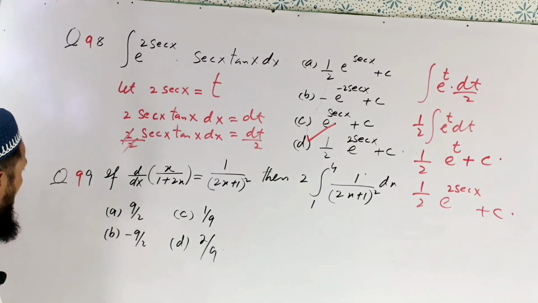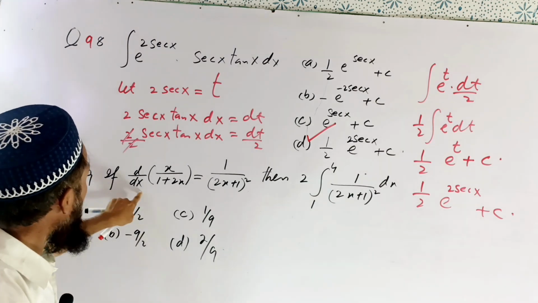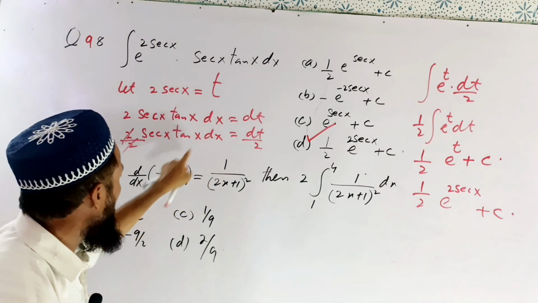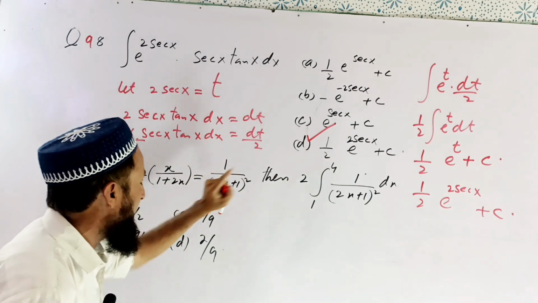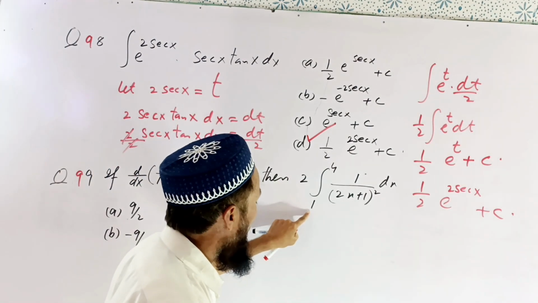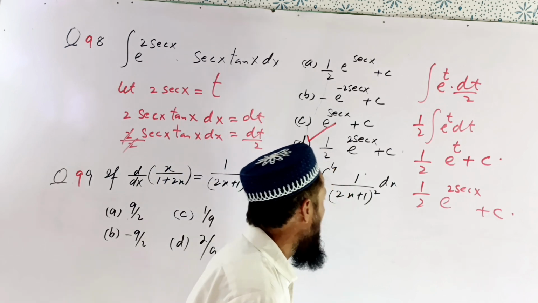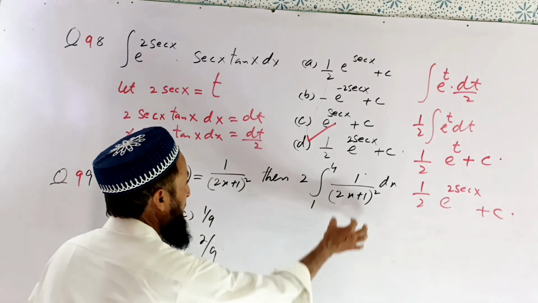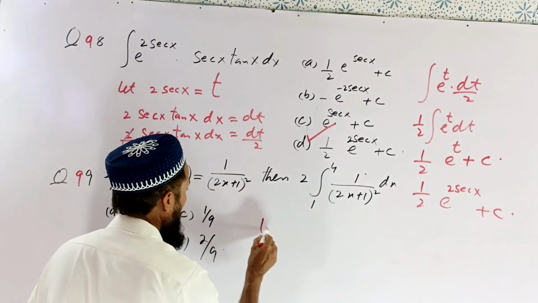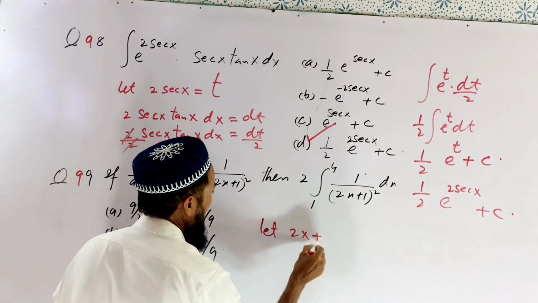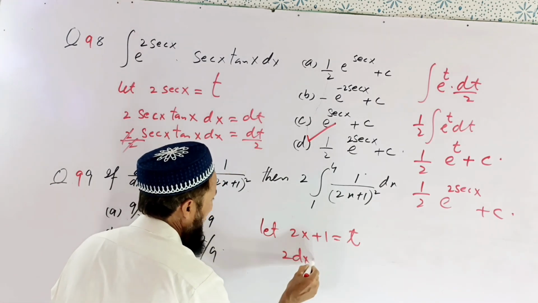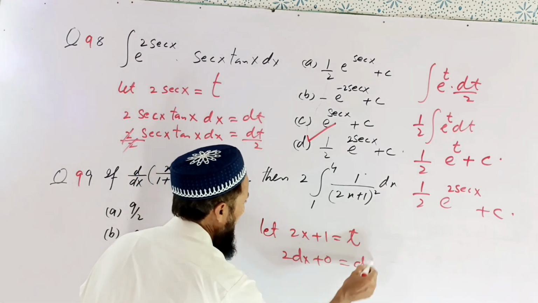Similarly, question number 99: if the derivative is given, we get the result already. Then integration from lower limit 1 up to 4 is required. Again here we take a substitution. Suppose 2x plus 1 is equal to t, and differentiating with respect to x, dt is 2 dx.